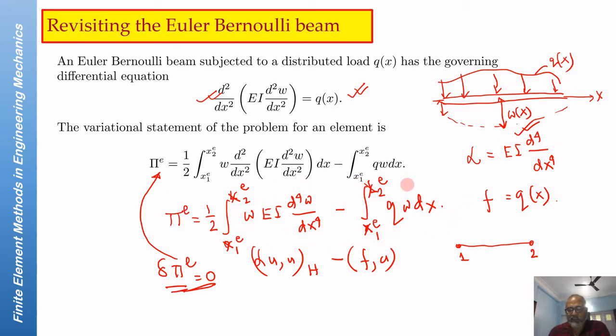Armed with this variational principle, I am now going to form the shape function matrix, and I am going to form the B matrix, the strain displacement matrix, and I am going to follow in this case the assumed displacement method.